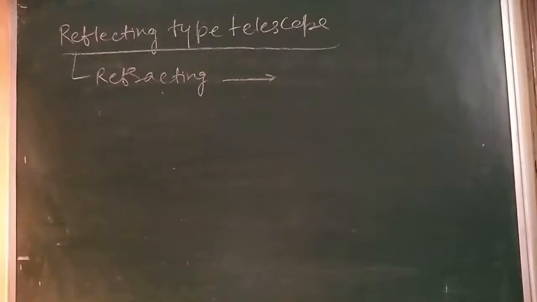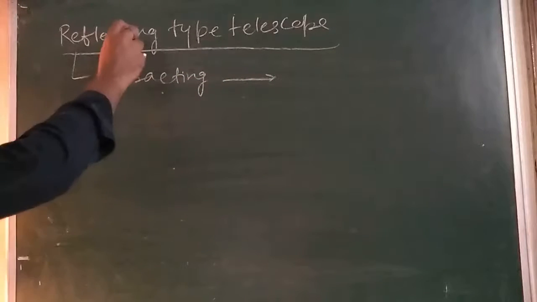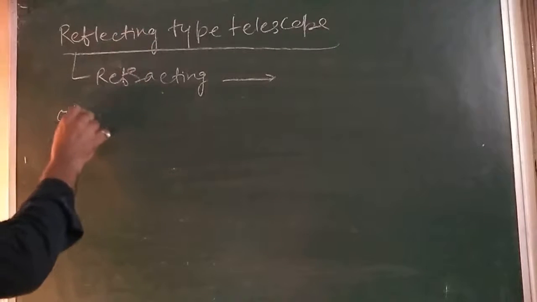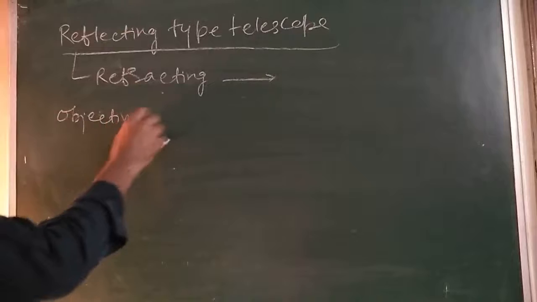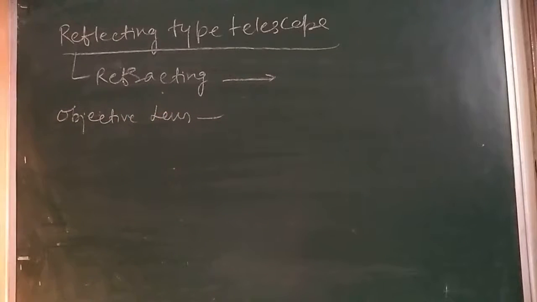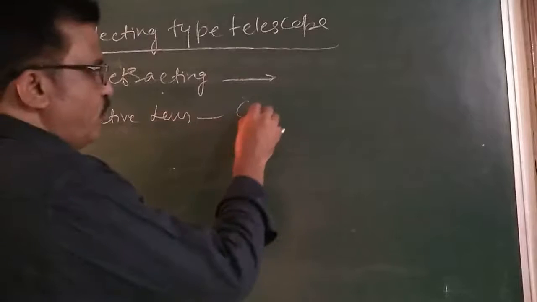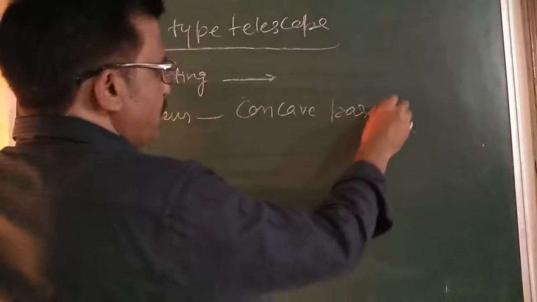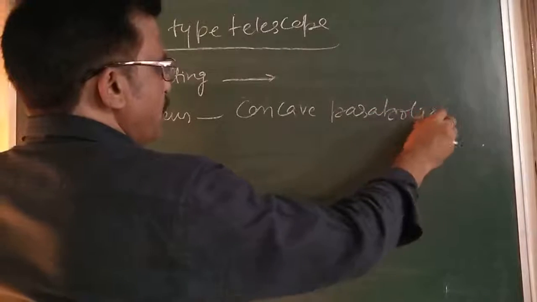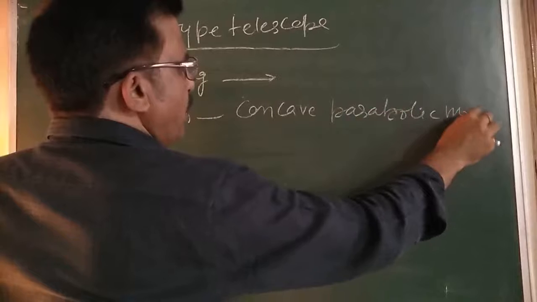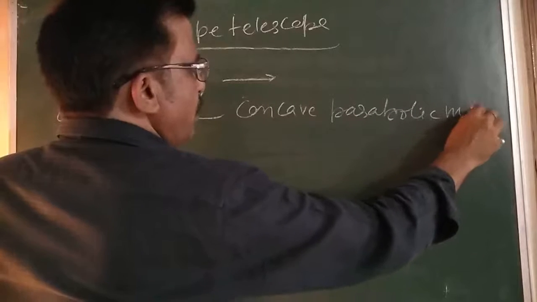In such a telescope, the objective lens in that astronomical telescope is replaced by a concave parabolic mirror.